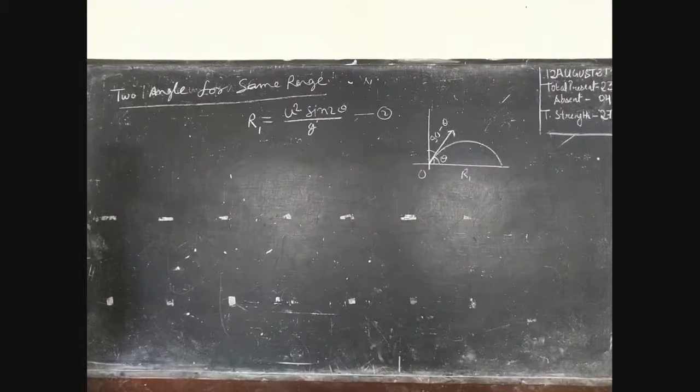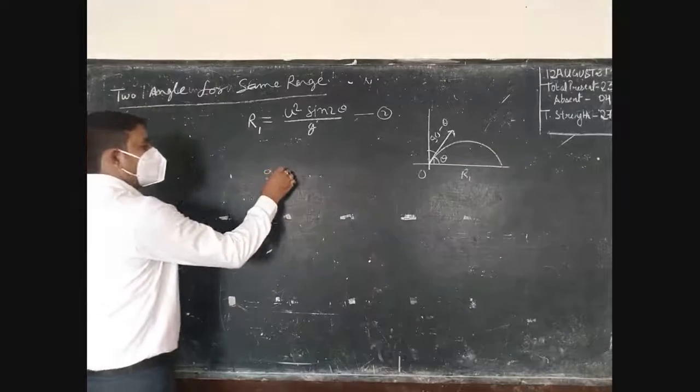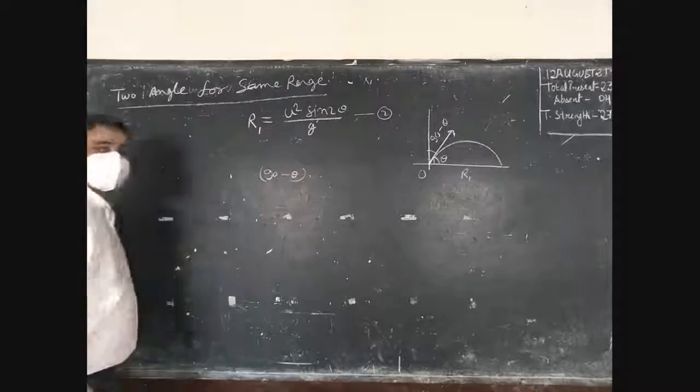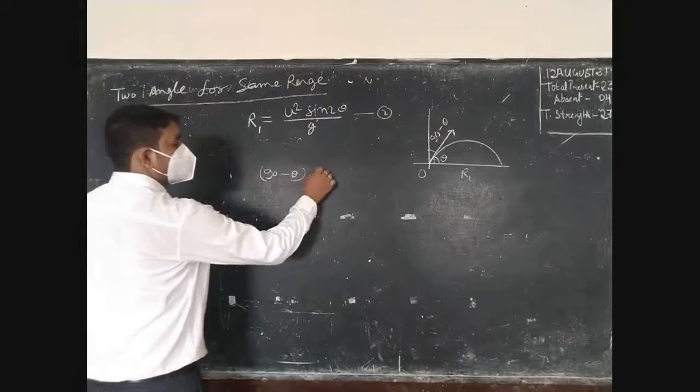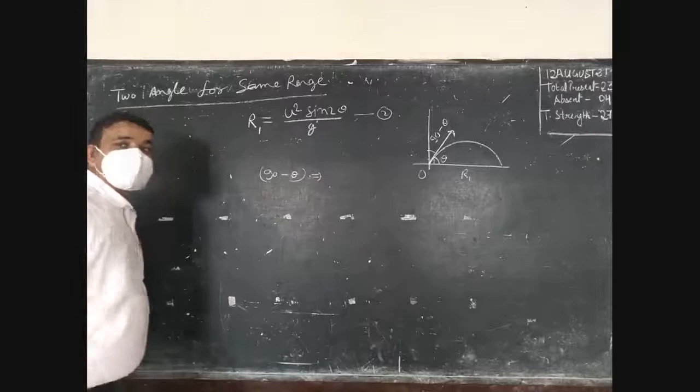The projectile is projected with the complementary angle 90 minus theta, with the same velocity.